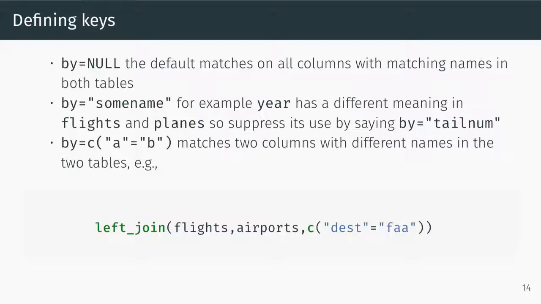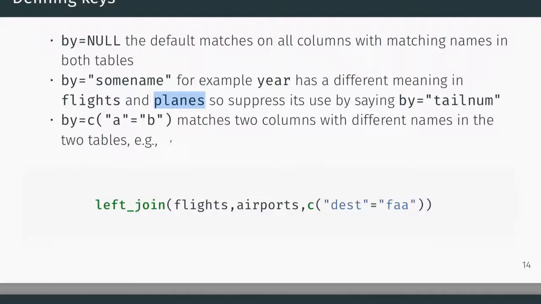So in the planes table, it's the year of manufacturing of the planes. In the flights table, it's the year that the flight occurred. So we don't want to use it to join those two tables. Otherwise, we wouldn't get any matches at all, because presumably the planes were manufactured before they flew. So we suppress its use by saying by tailnum, if we want to join the flights table and the planes table.